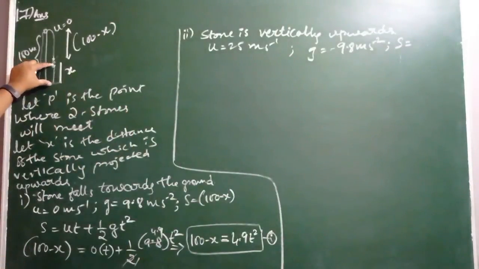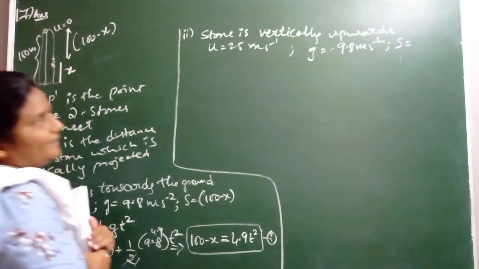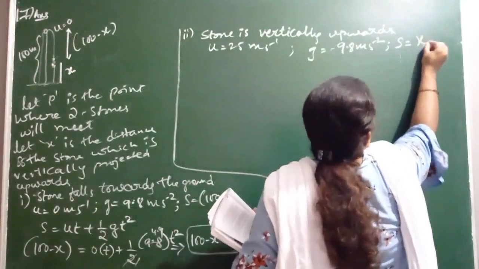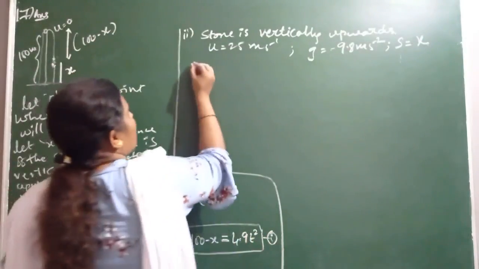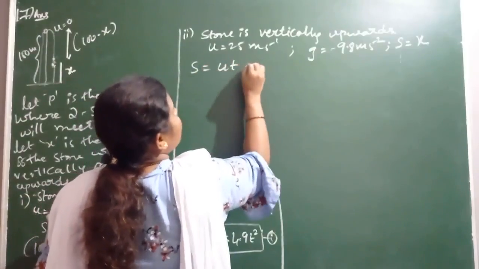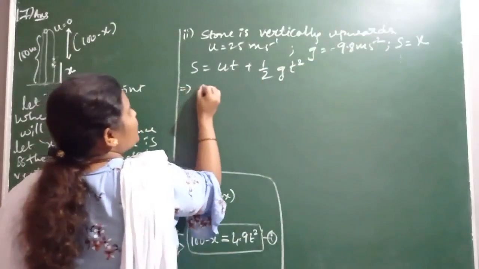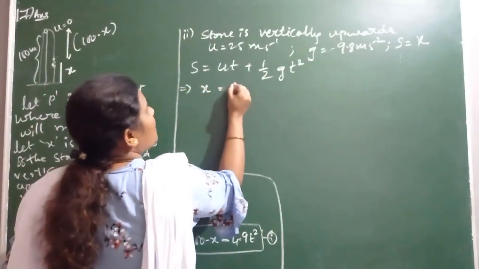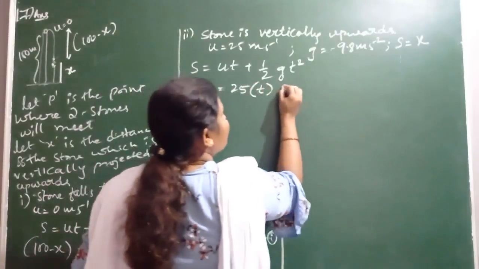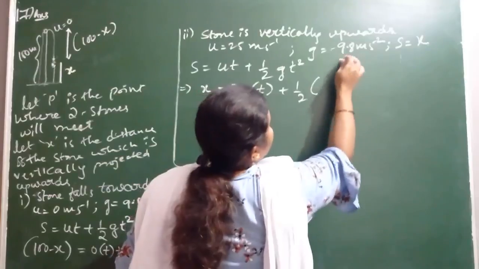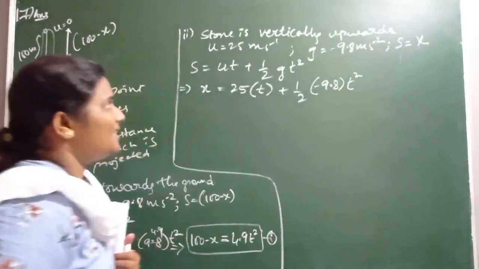This height you have to take now. The second stone is covering up to this much, means x. X is the height of the stone which is covered. Once again the formula, S is equal to ut plus half gt square, which can be written as S is nothing but x, ut means 25 into t, plus half into minus 9.8 t square. Isn't it children?